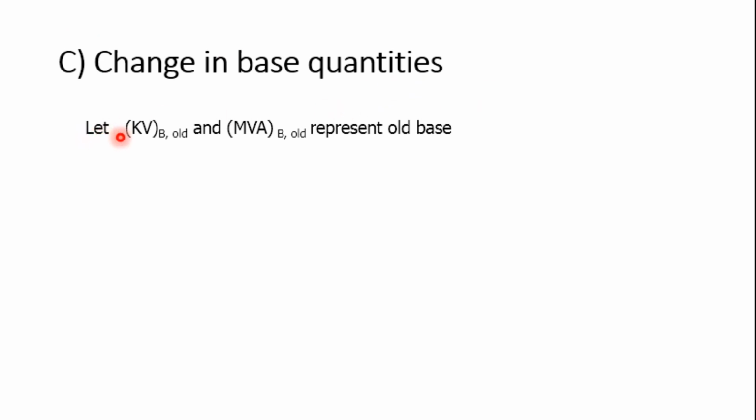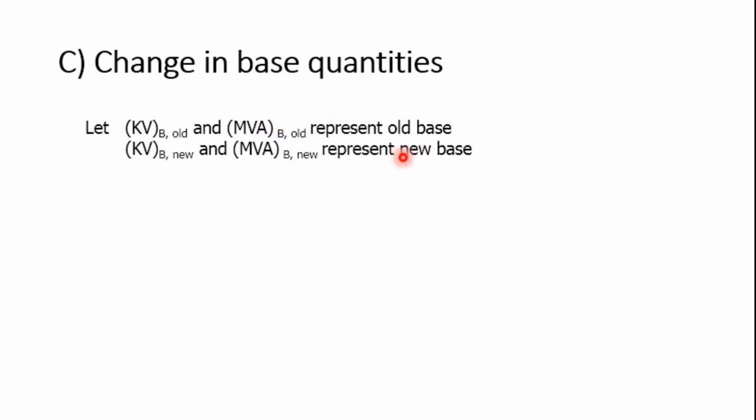Let's consider kV base as the base value, where old represents the old values of MVA and kV base, and new represents the new value of the voltage and the MVA rating.